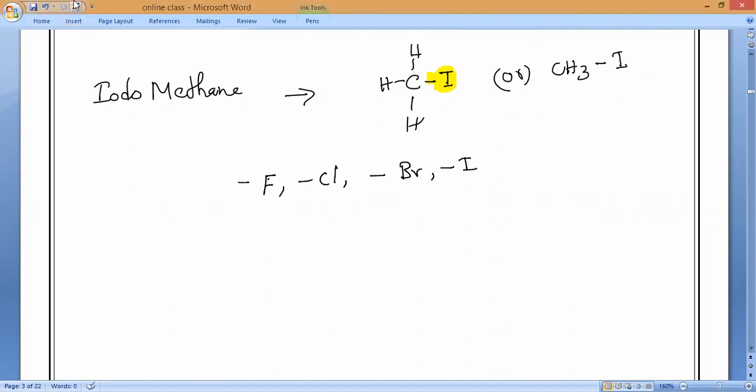Chlorine, fluorine, bromine, iodine. This is what is called heteroatoms. Do you understand, everybody? Please respond. Okay, first functional group, that's all it is.